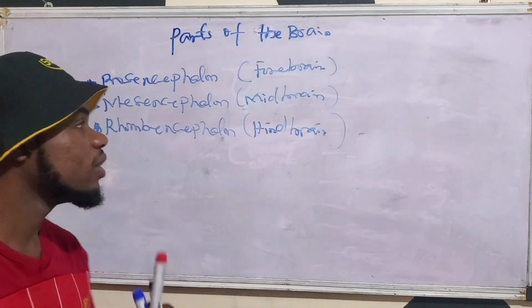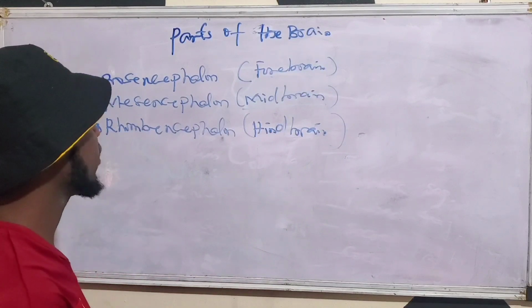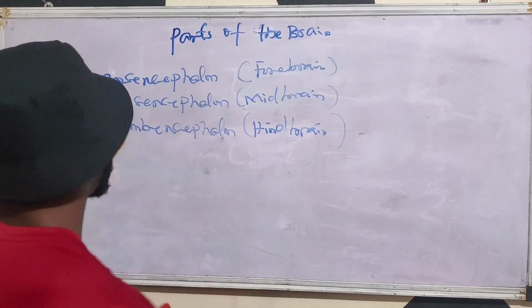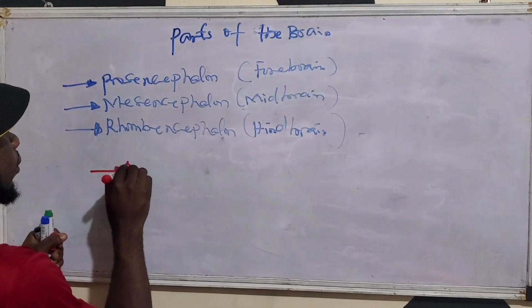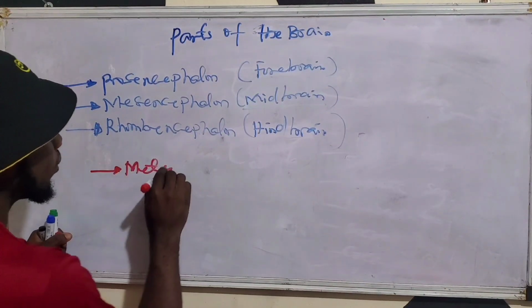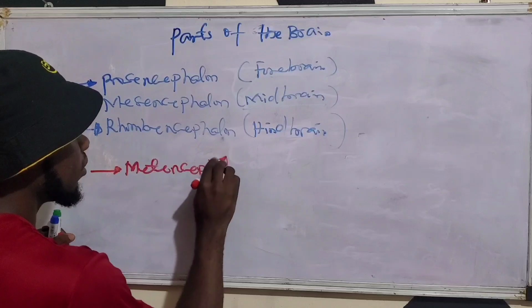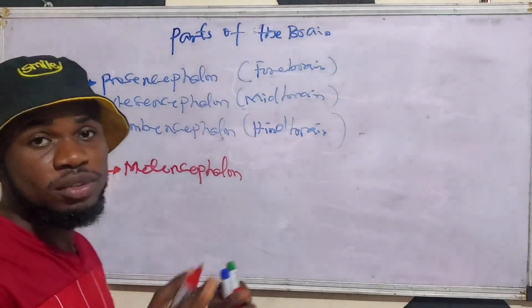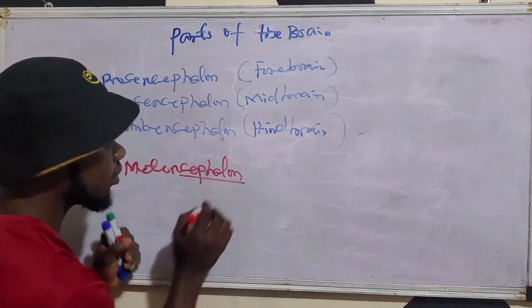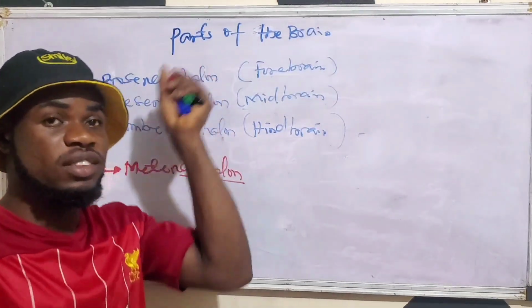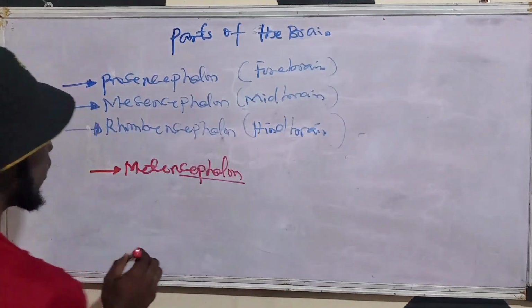Now, the rhombencephalon, just like the first part of the brain, is divided into two parts. When you're studying the brain, just know that when you encounter this word cephalon, it has to do with the head, the cranial part.